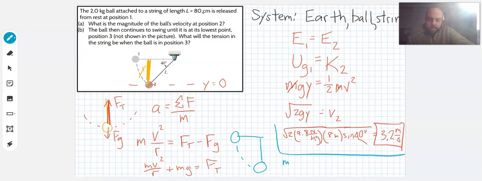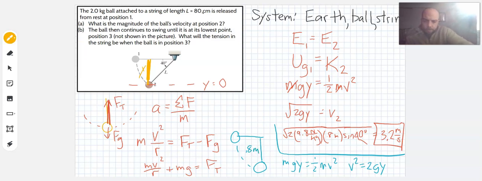But it's gravitational potential energy turning into kinetic energy. And what I actually care about is just v squared. That's what I'm going to plug into my problem over here. And that is just equal to 2gy, where y is the full length of the string.